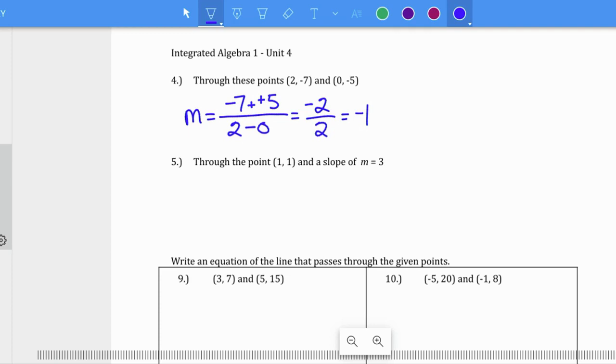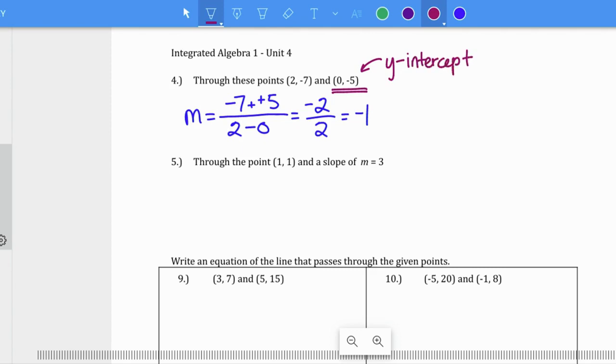There's the m. I have 2 points. I could go from here and turn this into point-slope form because I have a point and a slope. But sneaky as it is, if you can identify it, because the x is 0, this is actually a point on the y-axis. So this is my y-intercept.